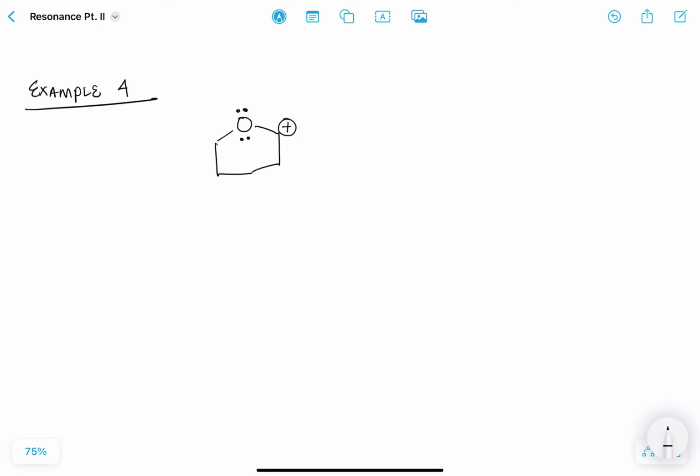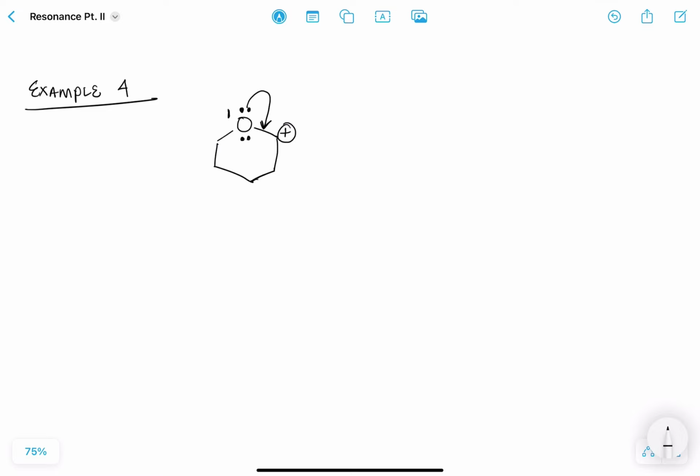Here, what we have is essentially, let me erase the ring. We have a lone pair adjacent to a positive charge. And so what we'll do is we always start the arrow from the lone pairs and we drop it down between the carbon and the oxygen.